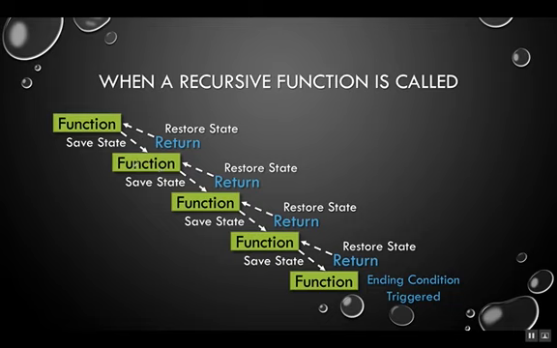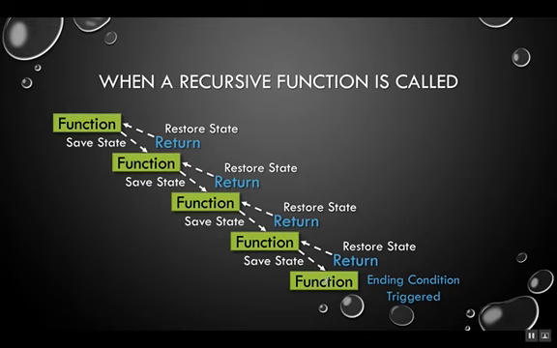And then it's different for this function call, and that state is saved. It's different for this function call, and that state is saved, and it continues on down the line. And then when the ending condition is triggered and it starts going back up, the state of everything else in the program is returned to where it was before.